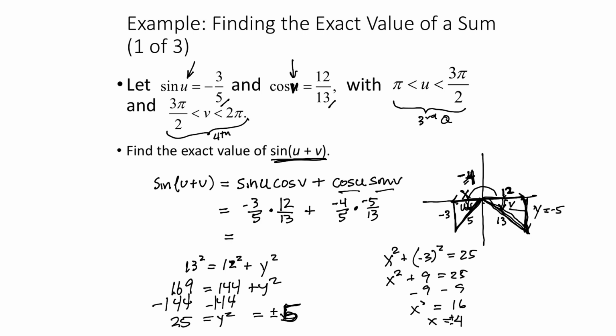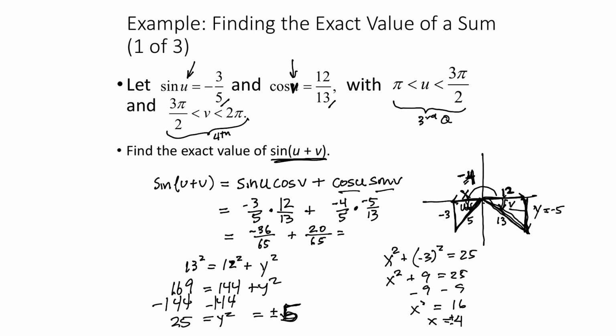And then we can go ahead and carry these out. Negative 3 times 12 is negative 36. So this is negative 36 over 5 times 13, 65. And this would give me positive 20, negative times negative, over 65 as well.